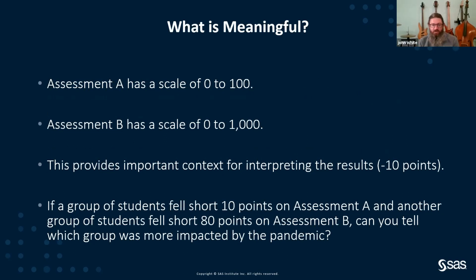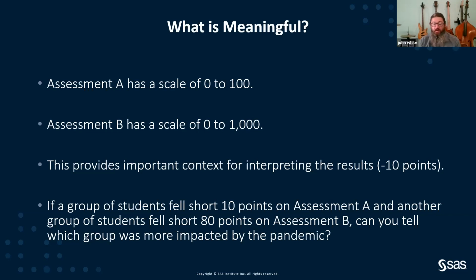So if we have two different assessments, for example, and one has scale score units between 0 and 100, and another one has scale score units between 0 and 1000, clearly there's different ranges or variation of these underlying scale score units. And a difference of 10 points on assessment A versus assessment B could be very, very different from one another.